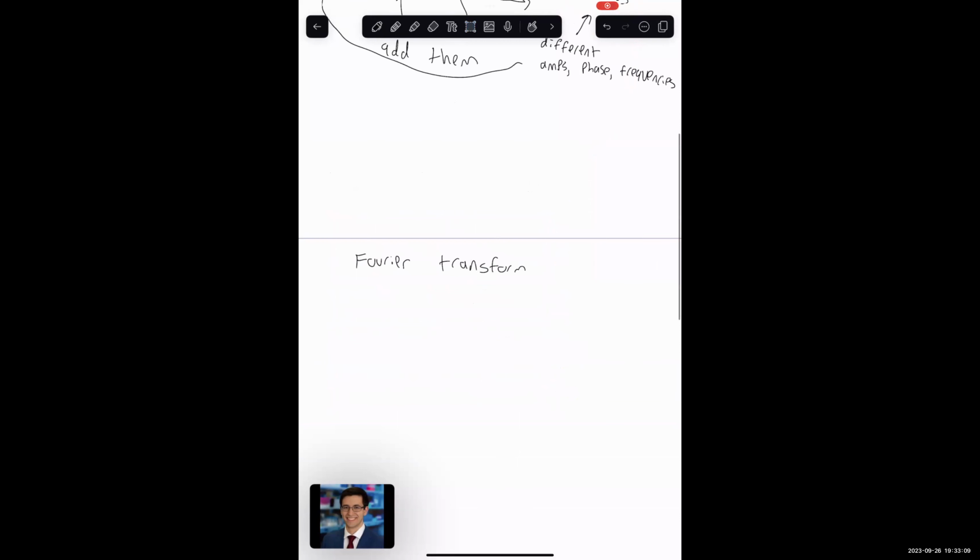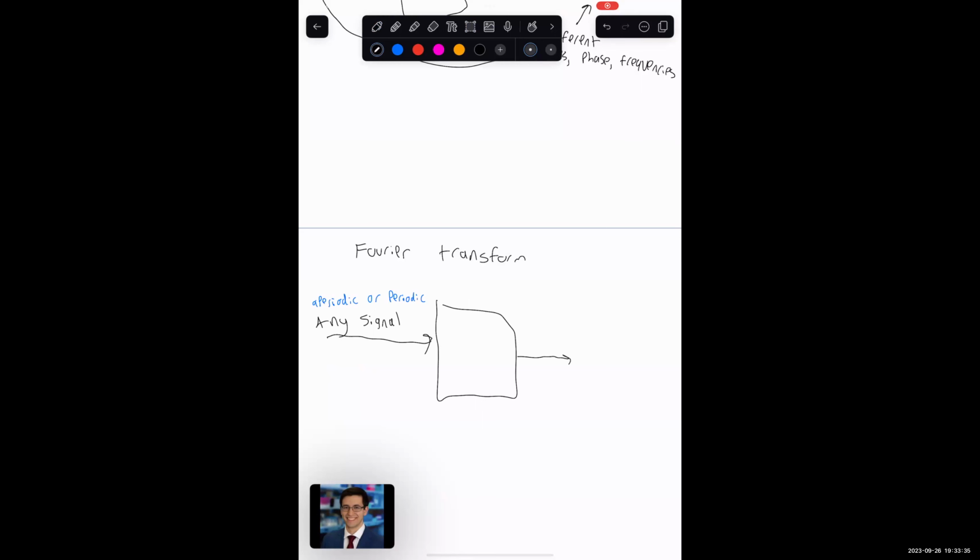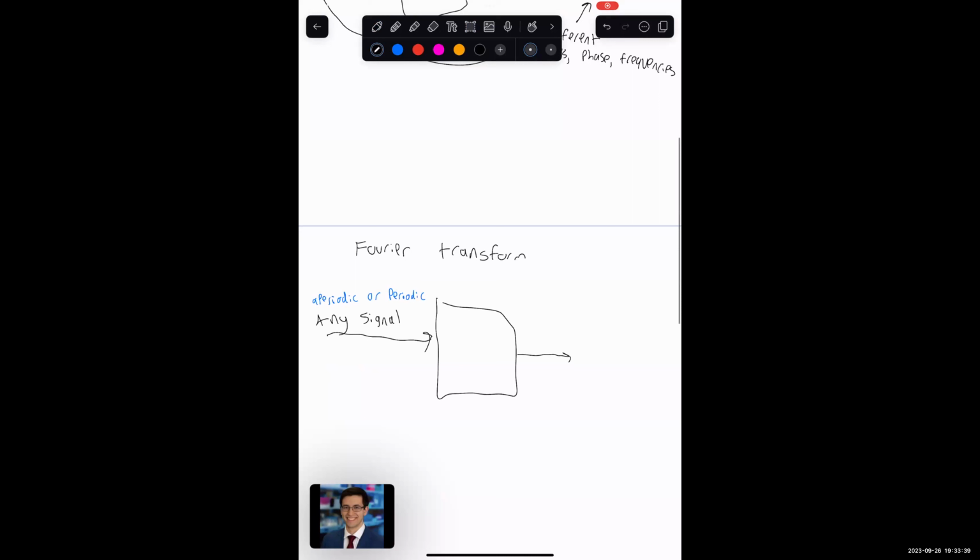Now, with the Fourier transform, we're still able to quote unquote break it down into sines, but it's not exactly the case. So here we can input any signal, that means aperiodic or periodic, could be both. And we put it through this black box, and after, we're still able to quote unquote break it down into sines and cosines, but our output is a little different.